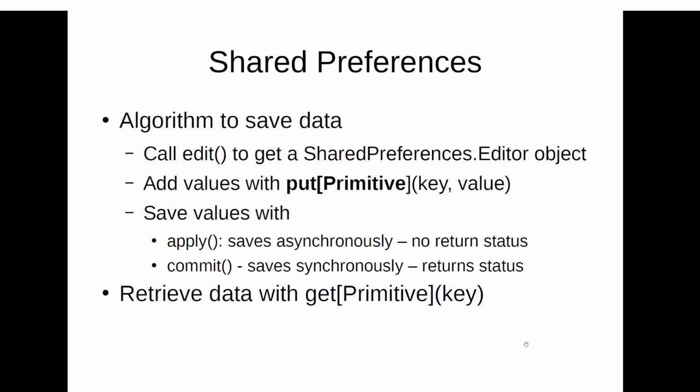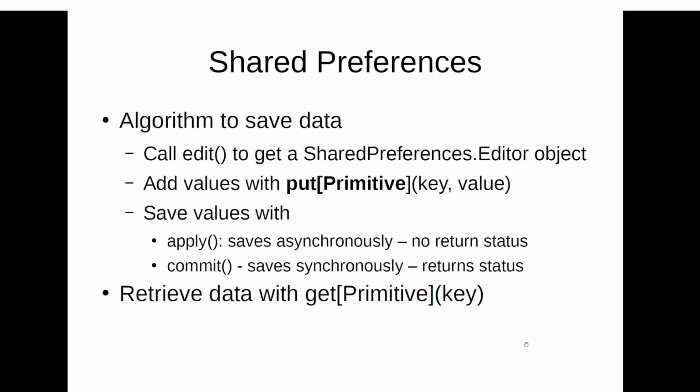Once a SharedPreferences object is retrieved, you have the ability to place information inside or read information from that object. To place information inside a SharedPreferences object, you first call the edit function on the object. This will return to you a SharedPreferences editor. Subsequently, you can call a series of put functions on that editor where you provide the key and the value.